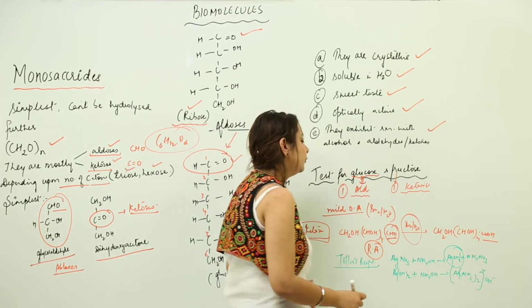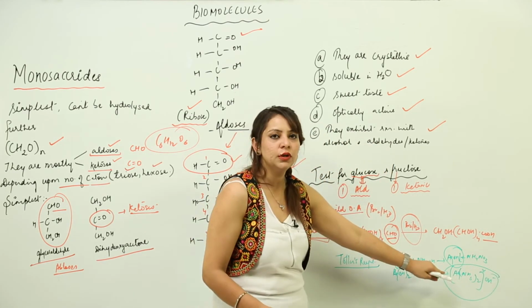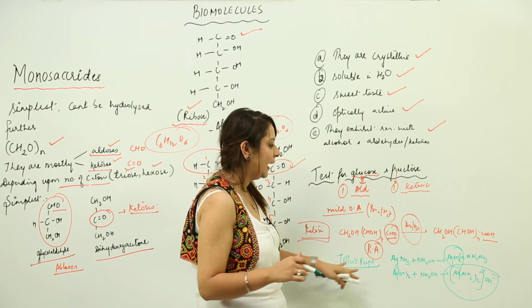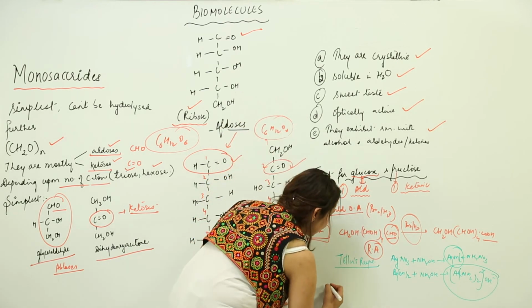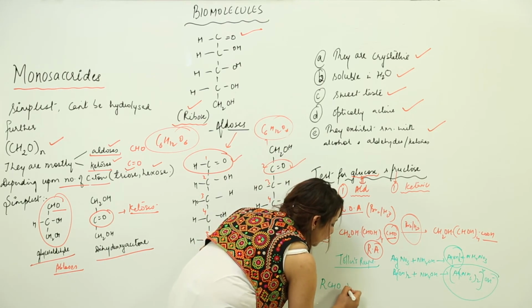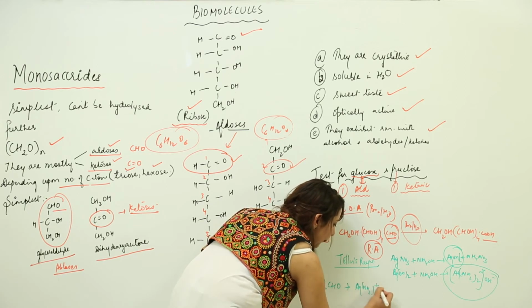Then we take a test tube, add Tollens reagent, and take glucose in that. See, this is my sugar, I am going to add Tollens reagent, and I am writing it in ionic form.